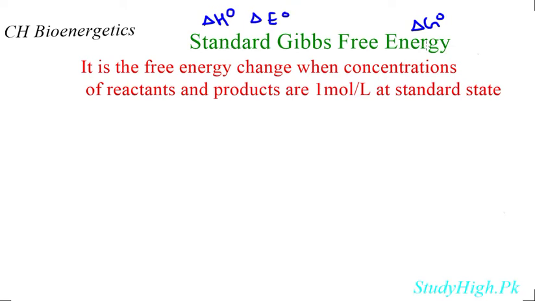Standard Gibbs free energy is defined as the free energy change when the concentrations of reactants and products are 1 mole per liter at standard state. First of all, I want to inform you what the standard state of biochemical reactions is.